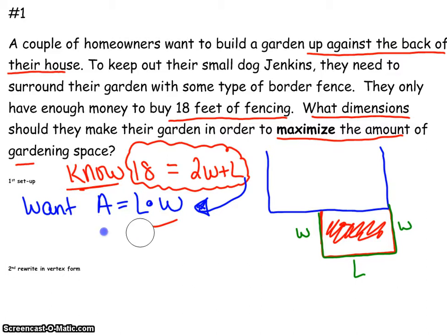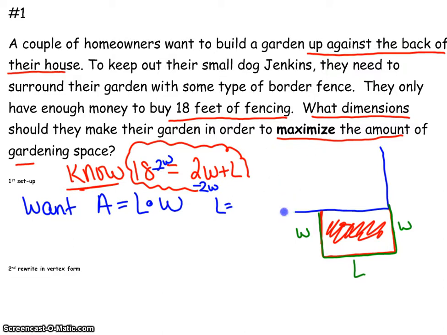I'm going to use my perimeter equation and substitute it into the area equation so that you only have one letter. Which letter would be the best to solve for? L would.